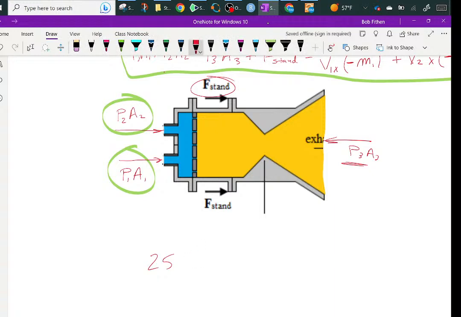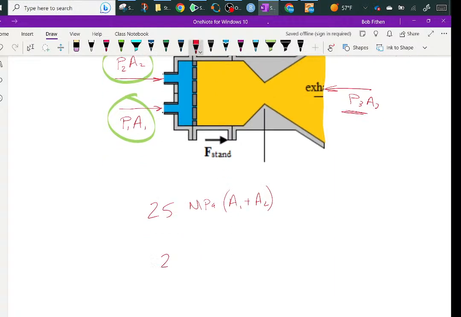This sounds weird, meganewton. How about just megapascal times area 1, and then I'm going to assume it's acting on area 2 as well. So that'd be 25 times pi 5 over 100 squared over 4 plus pi 6.7 over 100 squared over 4. And that might be calculable with this thing.